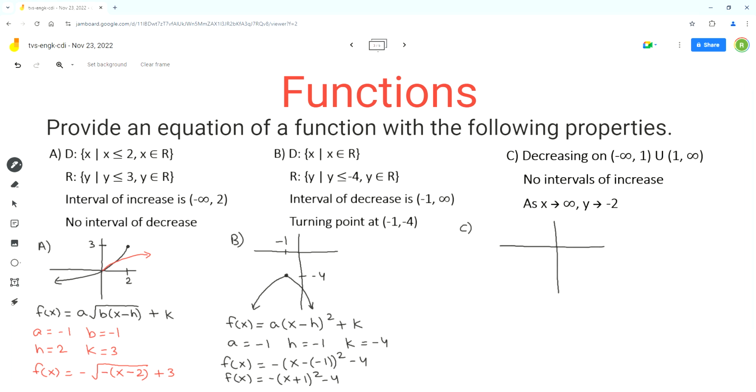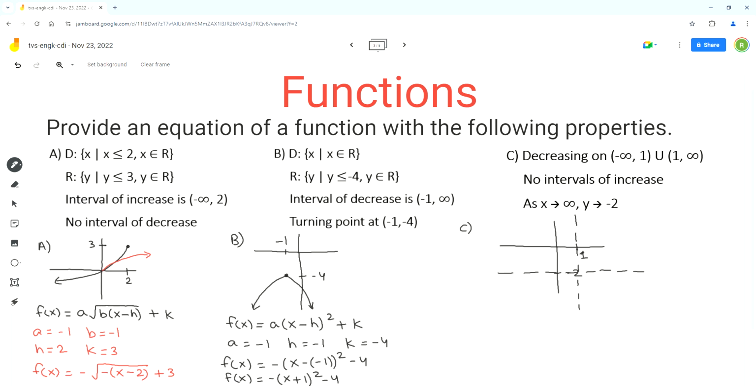The horizontal asymptote is at -2. The vertical asymptote is at 1. In this function, there is no interval of increase.